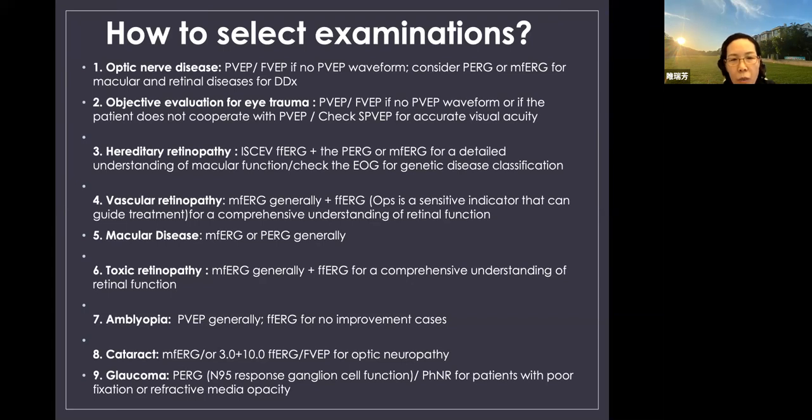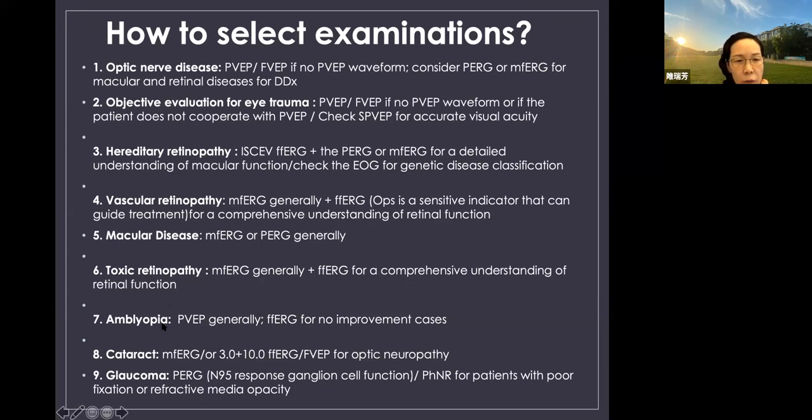So we can use electrophysiology, especially multifocal electrophysiology, to do a follow-up. If there are any early drug effects, we can detect them, and we can also report this to their physicians to adjust their treatment.